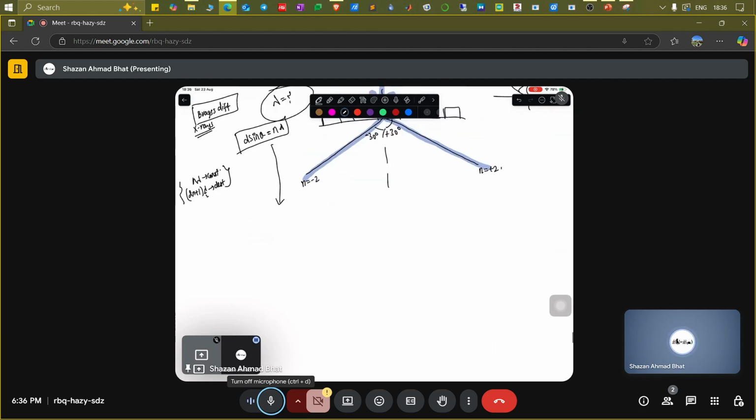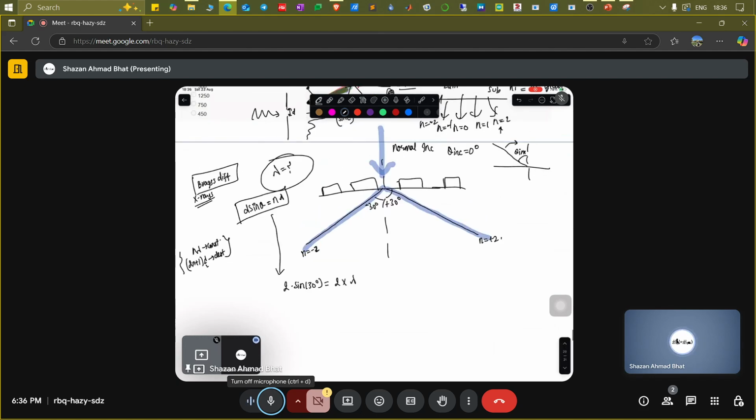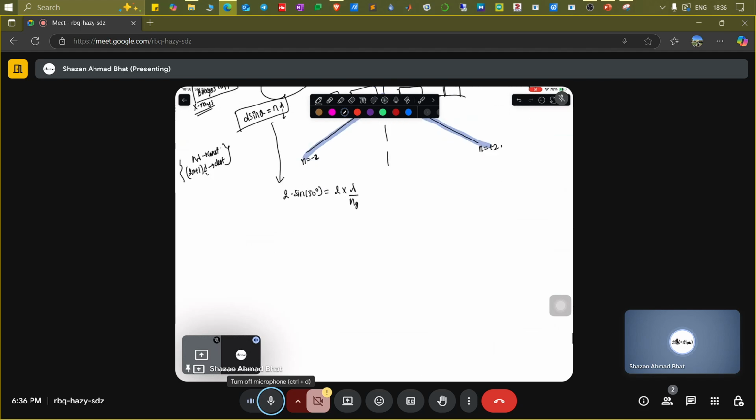So d is given as 2 micrometers, theta is given as 30 degrees, and n is given as 2. Lambda is to be computed, but note here that this lambda is basically lambda over n glass, because the wavelength is going to change in the glass. So you have 2 into, what is sine 30? It's 1 by 2, equals 2 into lambda over 1.5.